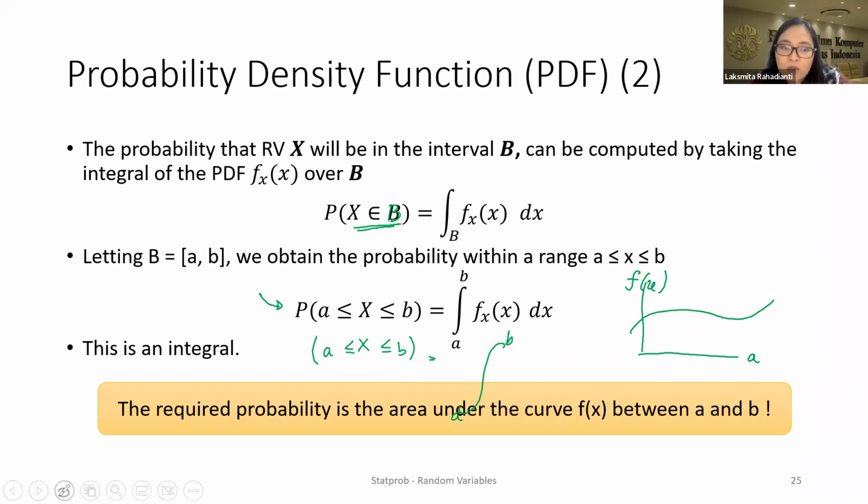And if I want to compute the probability of my random variable having a value between here and here, I need to compute the integral of f of x, right? To compute the probability of my random variable being between a certain value and another value. Or in other words, it is the area under the curve between A and B.